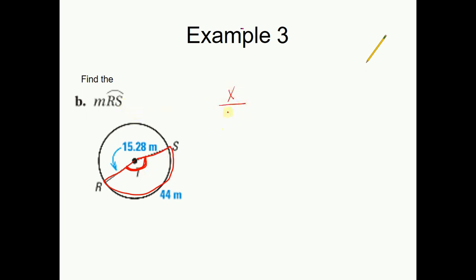So I'll go x over 360 equals my arc length, 44, that's my label right there, over the circumference of this circle. Well, I was given the radius, it's 15.28, so 2 times pi times 15.28.